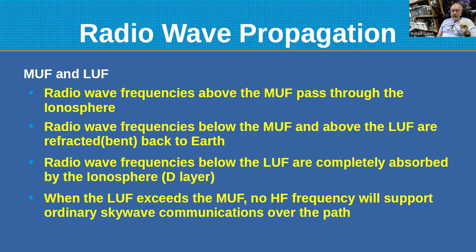Whereas if you're getting some of the lower frequencies and they're being refracted down at the bottom of the F1 layer or in the E layer, it's going to give you a much shorter hop. And the main thing here is if the LUF ever exceeds the MUF, you'll get no HF skywave communications.